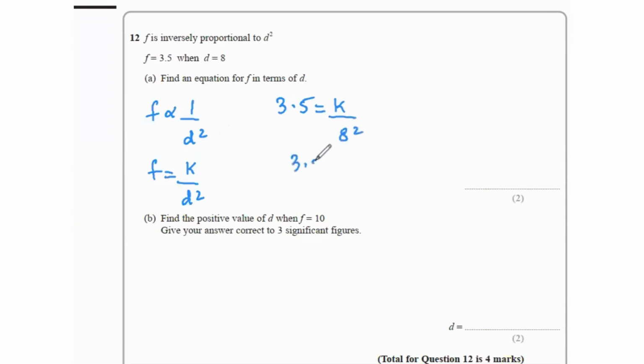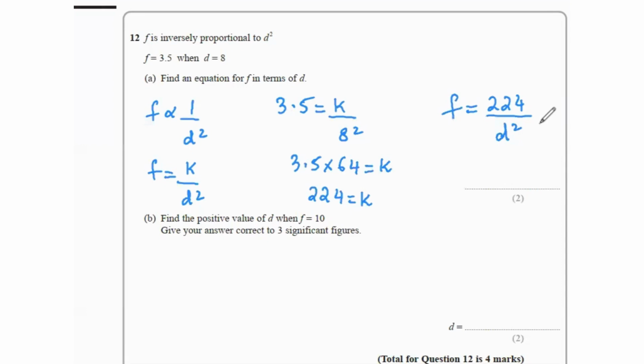So 3.5 times 64 is k, and that is going to give us 224. So your equation is f equals 224 over d square.